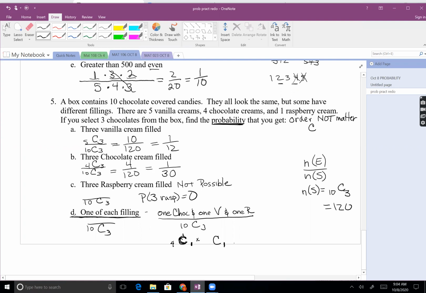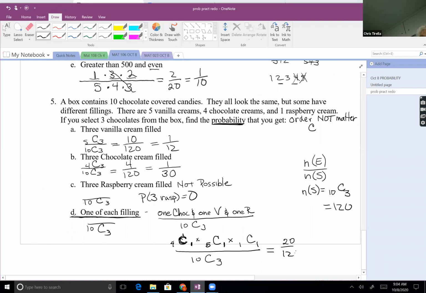And I want one raspberry. How many raspberries are there to pick? One. And in the denominator, I'm picking 3 out of the 10. And so I think that turns out to be 20 over 120.